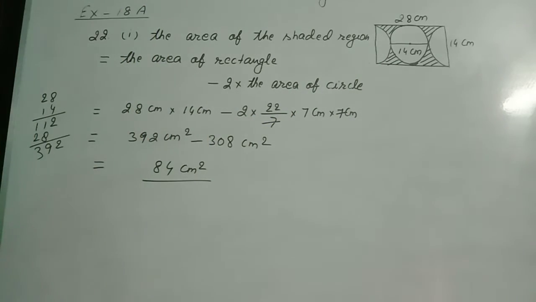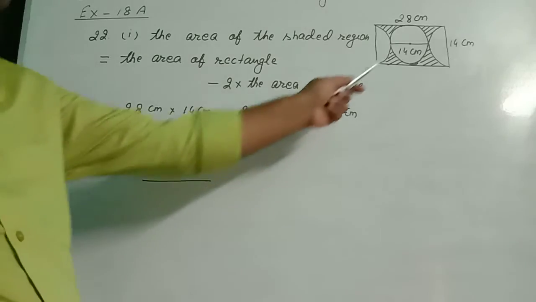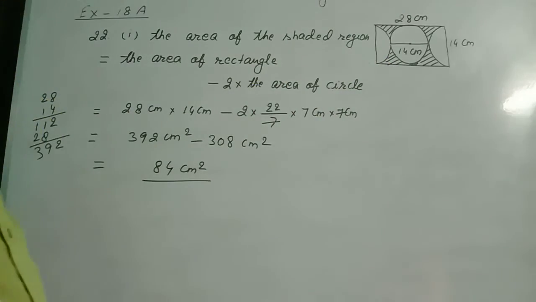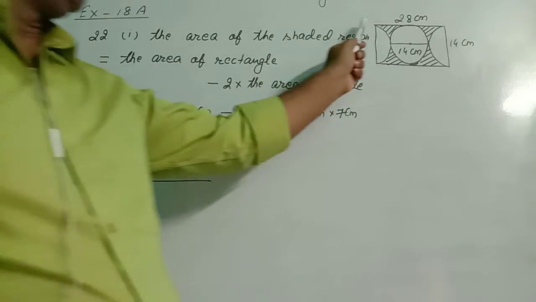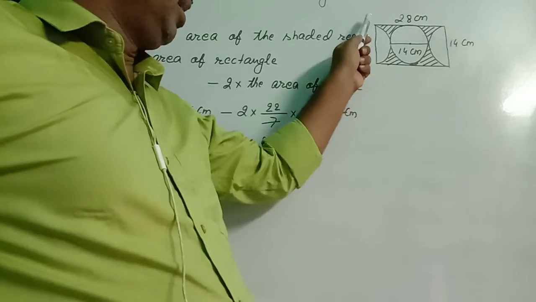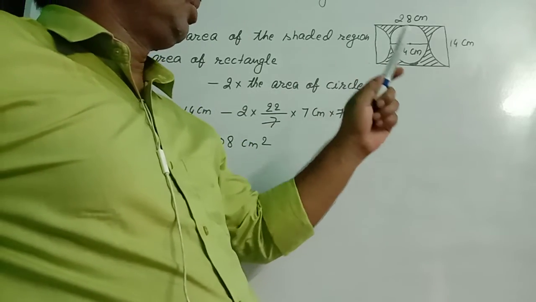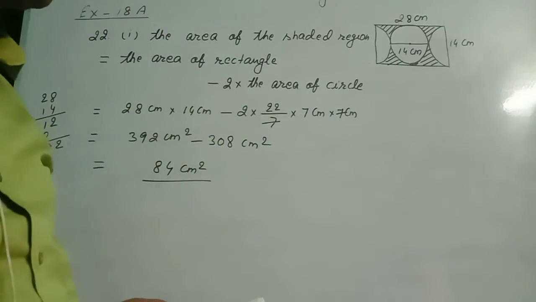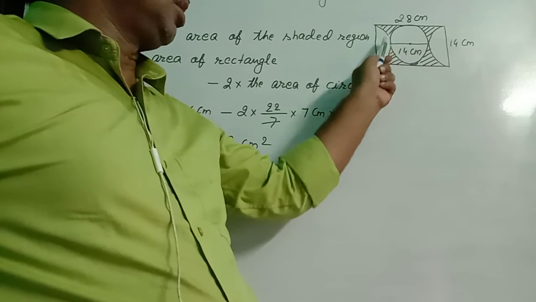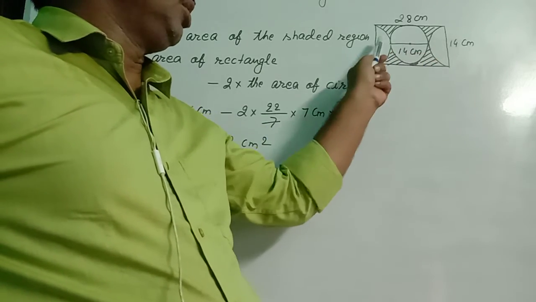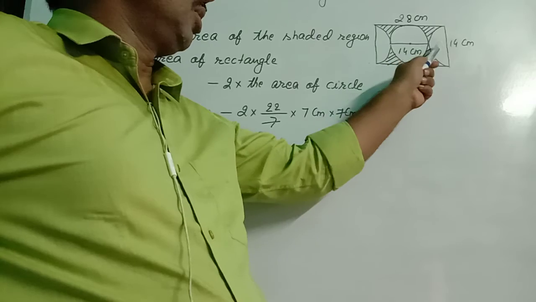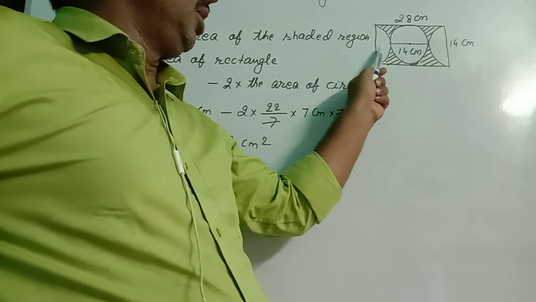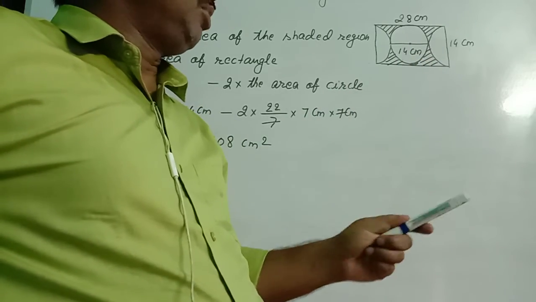So area of the shaded region equal to the area of rectangle minus the area of two circles. Where are two circles? First is this circle, complete circle, and if you join these two semicircles, then this will be a complete circle. So we have two circles.